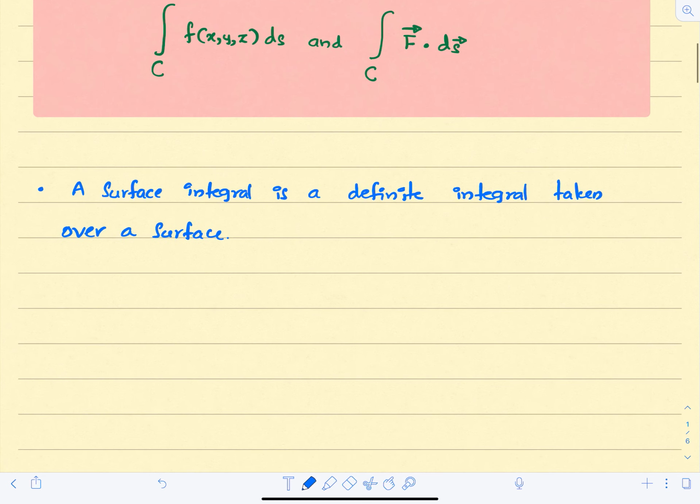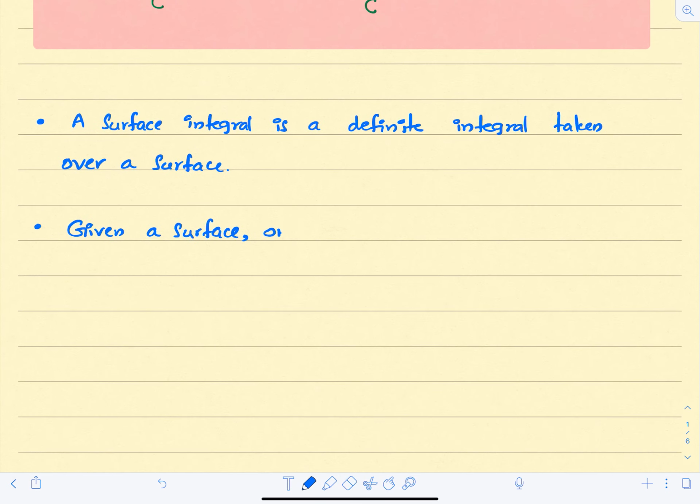Now given a surface, one may integrate over its scalar functions and vector fields.